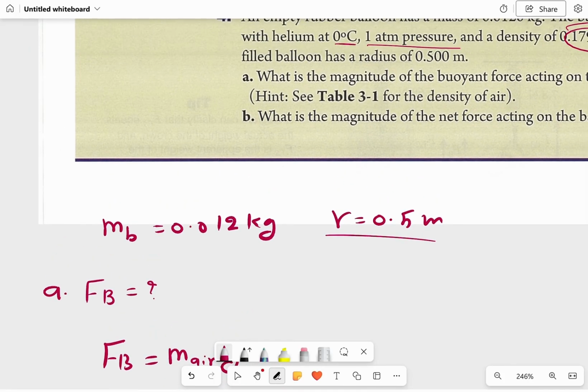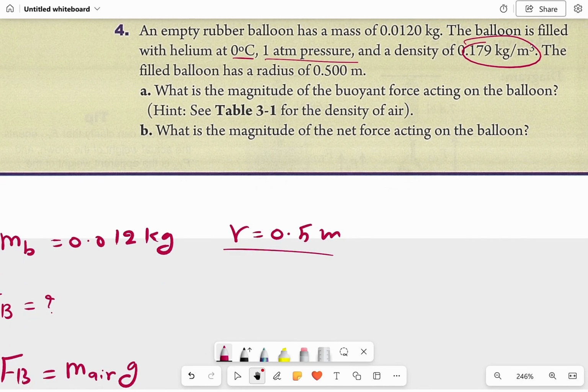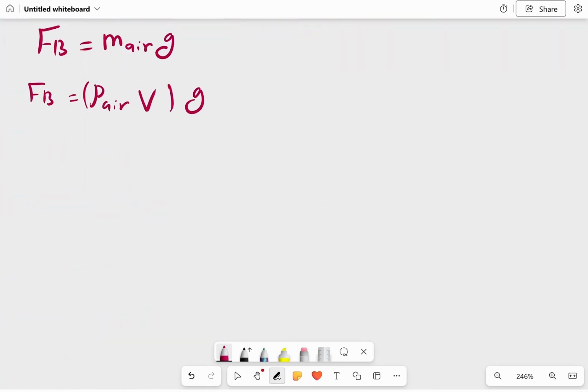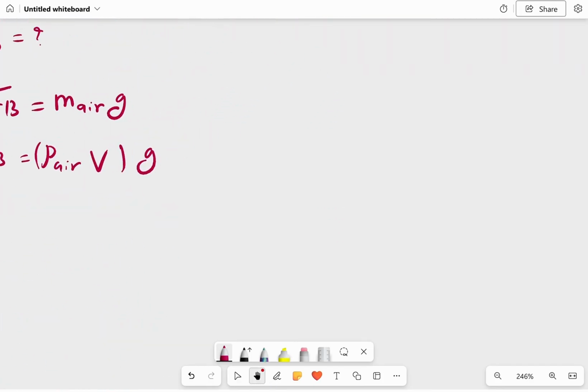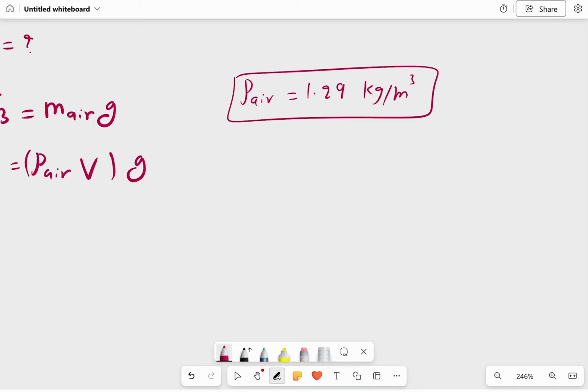Now, as you know, density of air is equal to 1.29 kilogram per meter cubed.